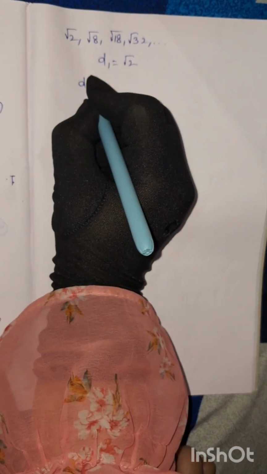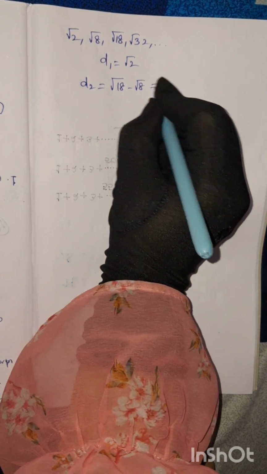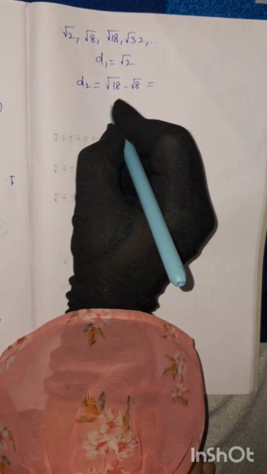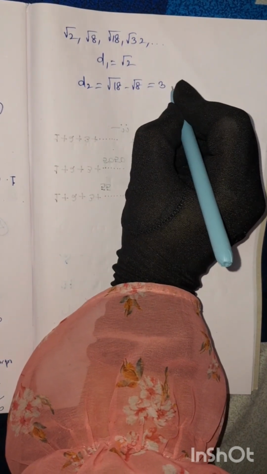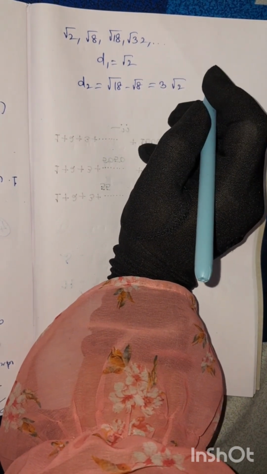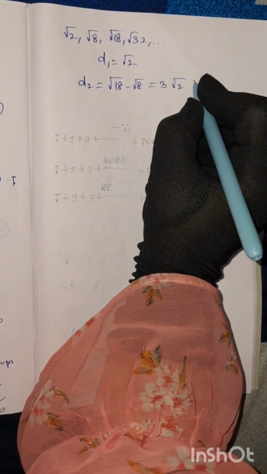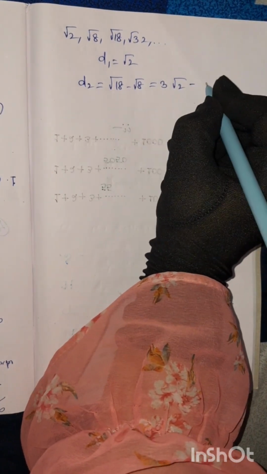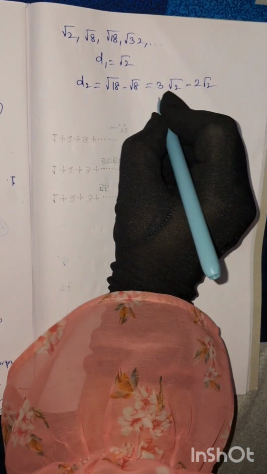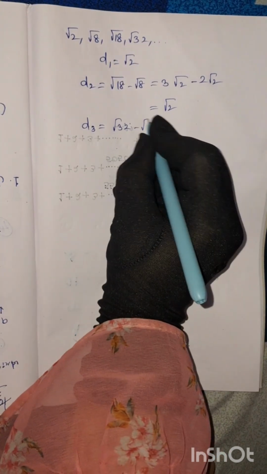Let us see the second difference: root 18 minus root 8. Root 18 can be written as 3 root 2 because 9 2s are 18, right? So I'm taking 9, root 3 out, and root 8 can be written as 2 root 2. So 3 root 2 minus 2 root 2 is nothing but root 2, right? Again we'll check the third one: root 32 minus root 18.